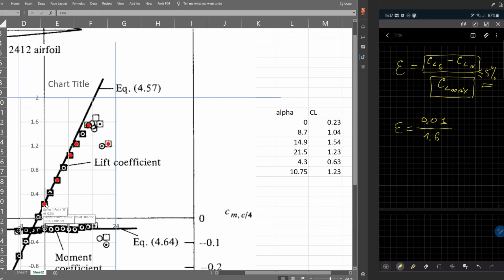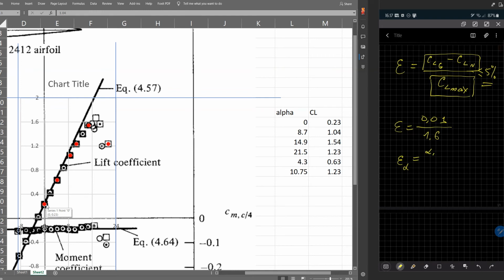Because you can move inside this square a bit left, a bit on the right, and then you will have this error related to the angle of attack: alpha right minus alpha left divided by alpha maximum, something like this. And this is how you can calculate the alpha error.